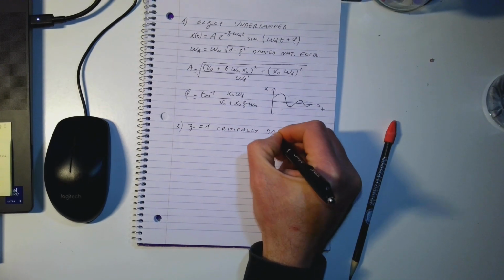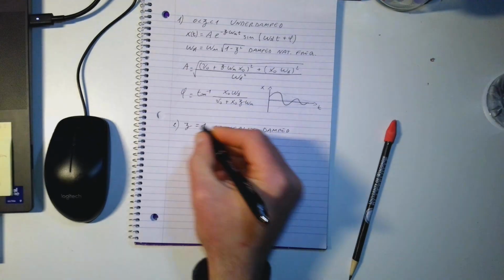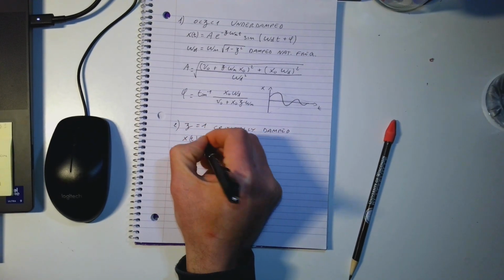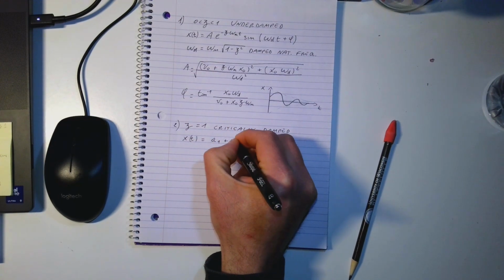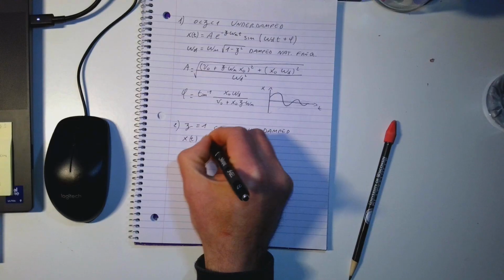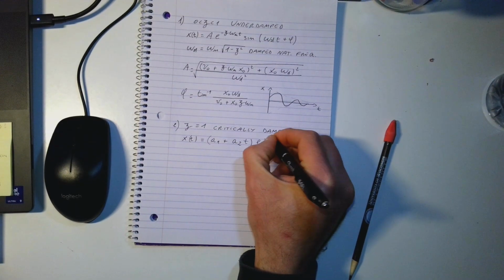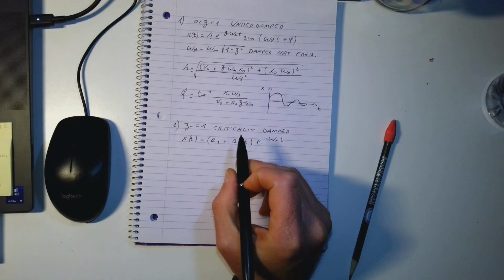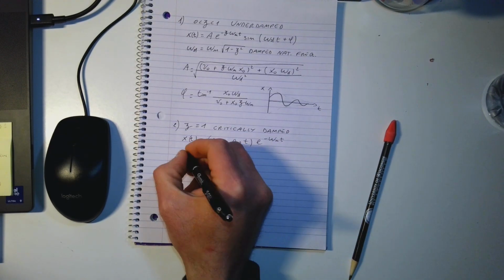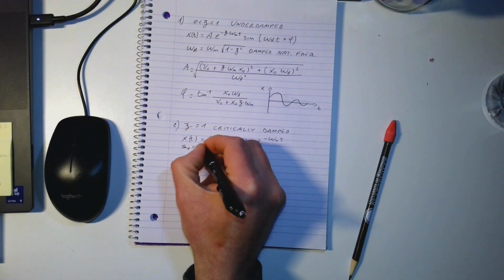In this case the solution has the following form: a1 plus a2 t, times e to the power of negative omega n t, and then we have that a1 is going to be equal to x0.